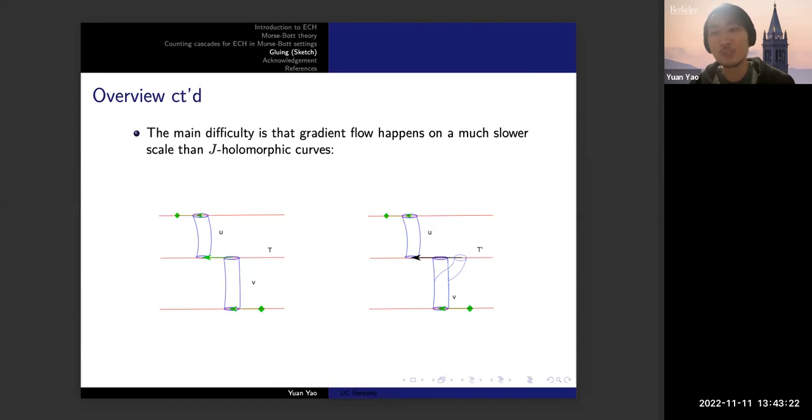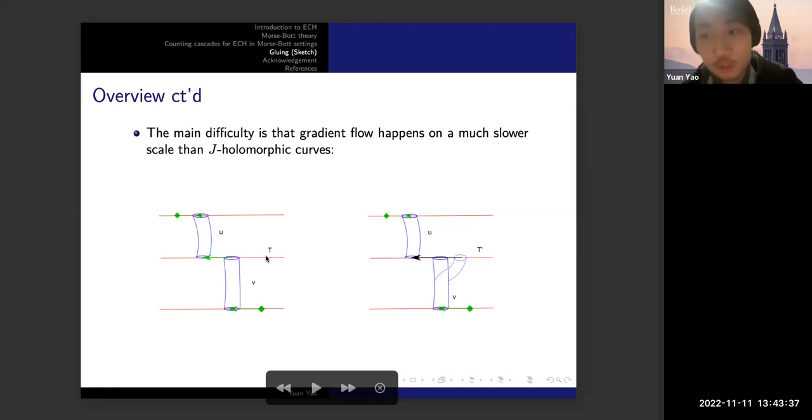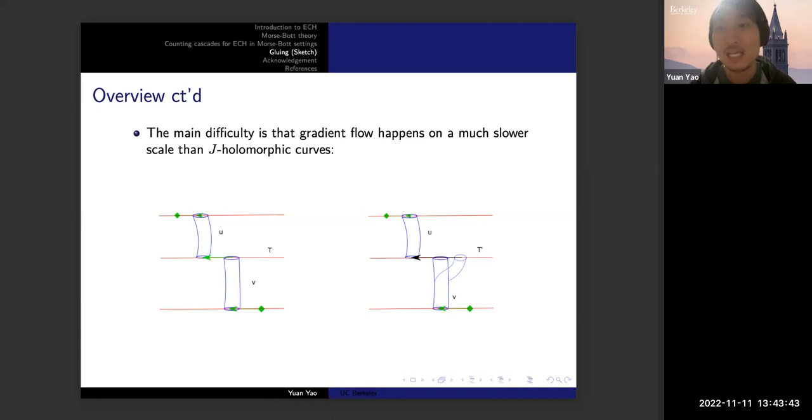Usually when you try to do some kind of Morse-Bott gluing, the two evaluation maps onto this intermediate level have to be transverse on the nose. But here the cascade is saying the evaluation maps have to be transverse up to this extra gradient flow time. So there's less transversality than you would have in a naive gluing problem.